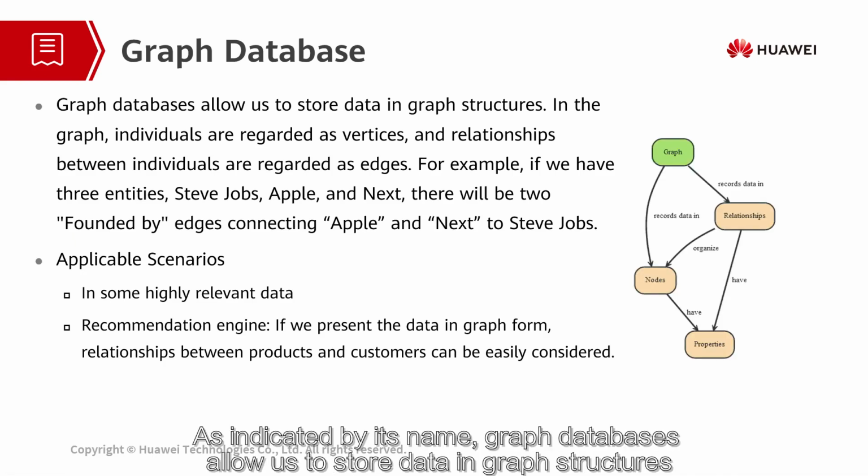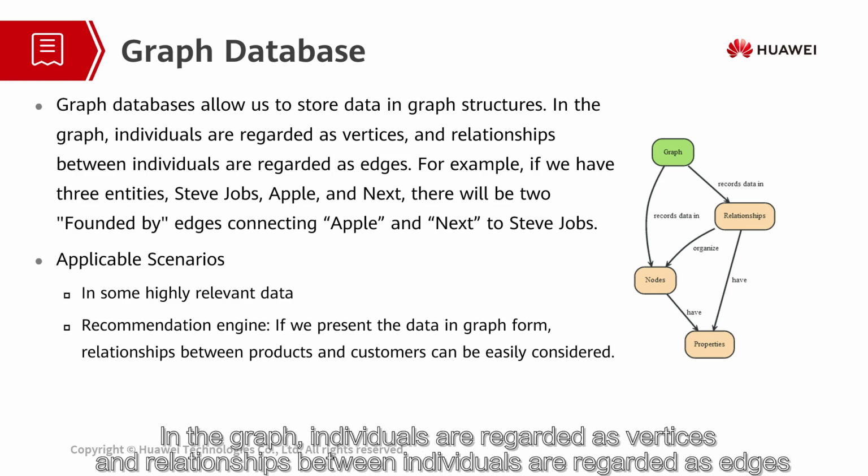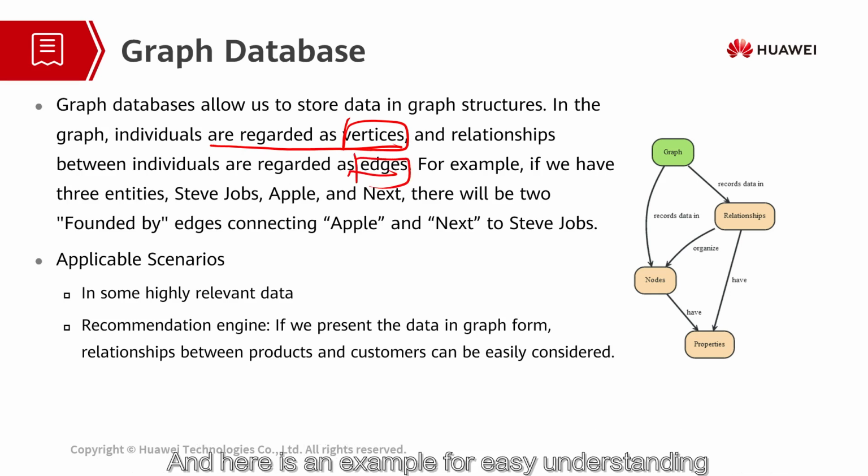As indicated by its name, graph databases allow us to store data in graph structures. In the graph, individuals are regarded as vertices, and relationships between individuals are regarded as edges. And here is an example for easy understanding.